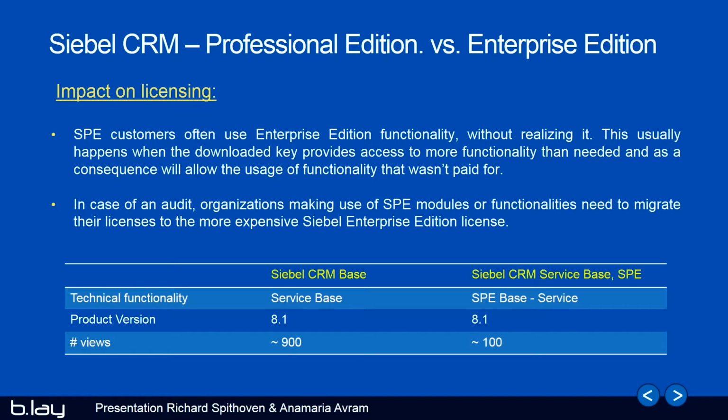So, as you can see, the functionality is pretty different, and if a customer by mistake installs a license key that belongs to the Enterprise Edition while licensed for the Professional Edition, he will receive more views. Thus, at some point he will need to migrate his licenses to the Enterprise Edition.